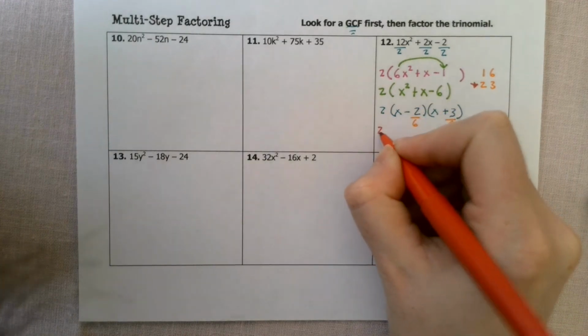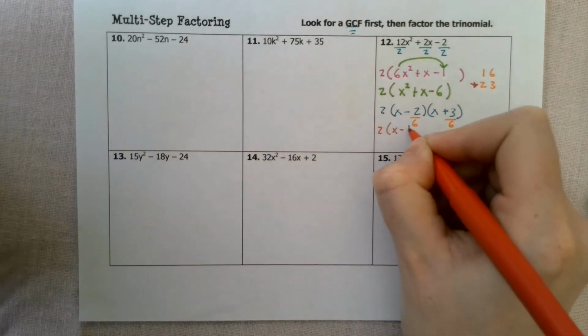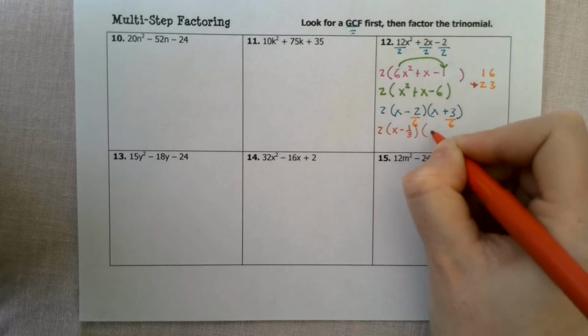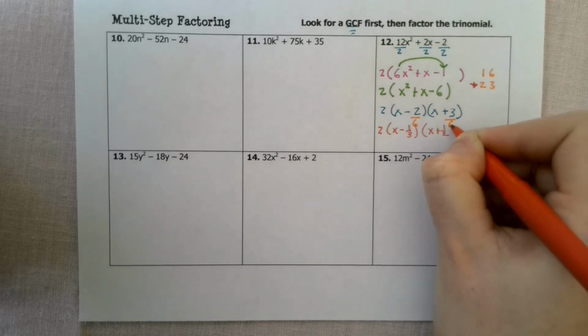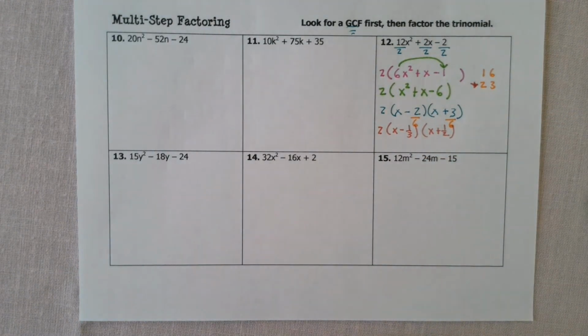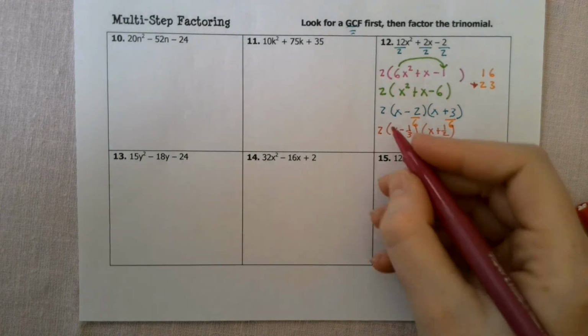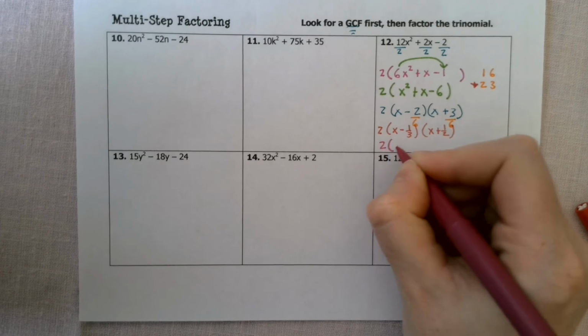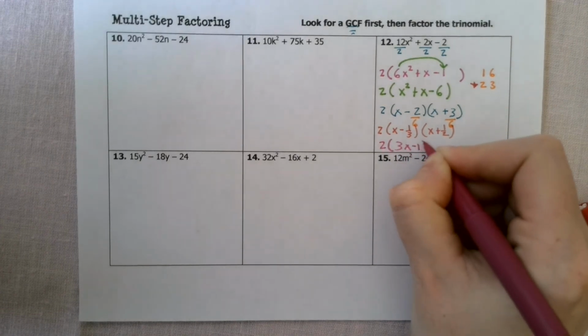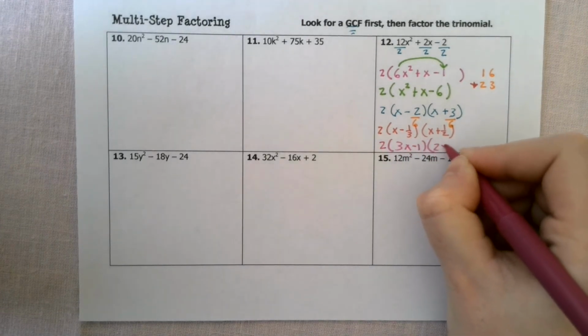Remember to bring down this 2. We get x minus 1/3 and x plus 1/2. And then our final step is going to be to slide our denominators up in front of our variables. So we get 3x minus 1 and 2x plus 1.